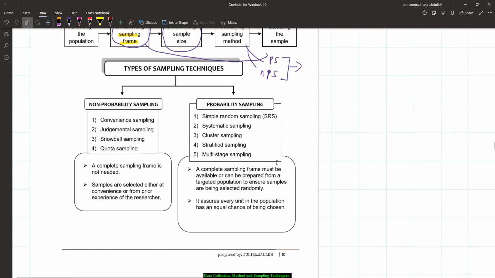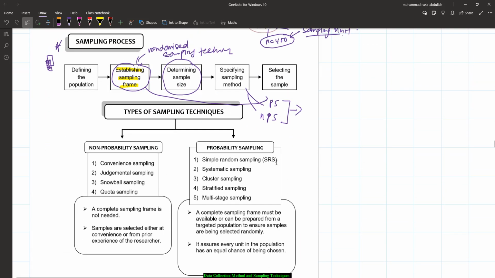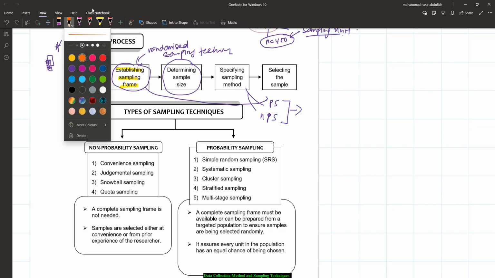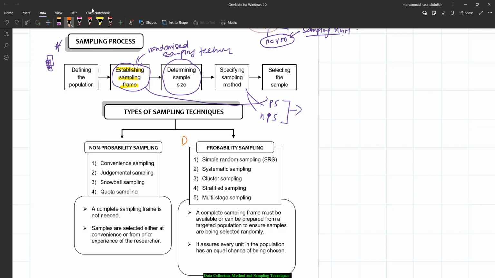We need to understand the difference between probabilistic and non-probabilistic sampling techniques. So we look into probabilistic sampling technique first. Right, because I really like probabilistic sampling technique because most parametric tests require probabilistic sampling techniques.